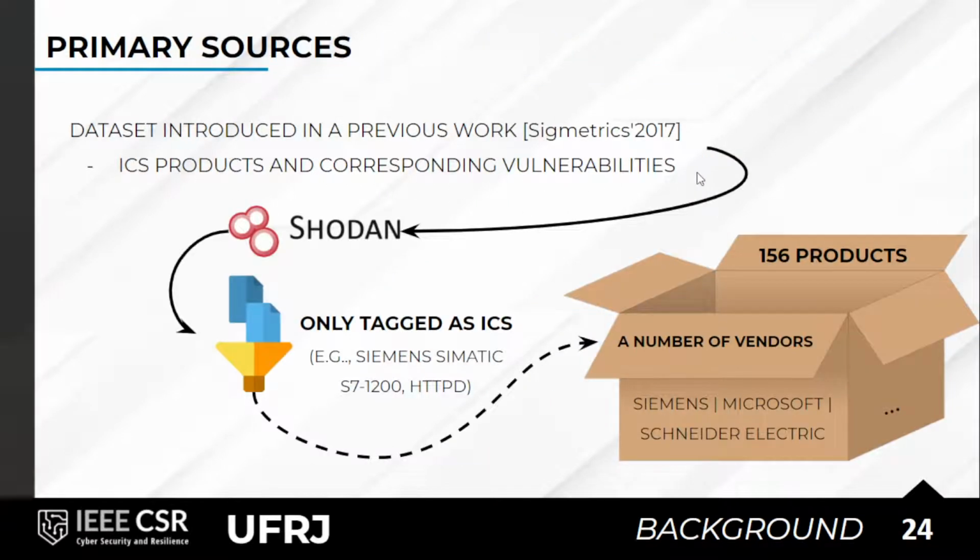To compose our data, we used the dataset introduced in a previous work, and in that dataset we found ICS products and corresponding vulnerabilities collected through the search engine called Shodan. And for our work, we filtered the products so that we kept only those labeled as ICS. As a result, our base contains 156 products from a number of vendors.